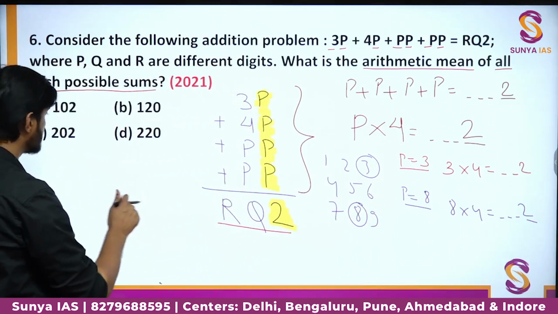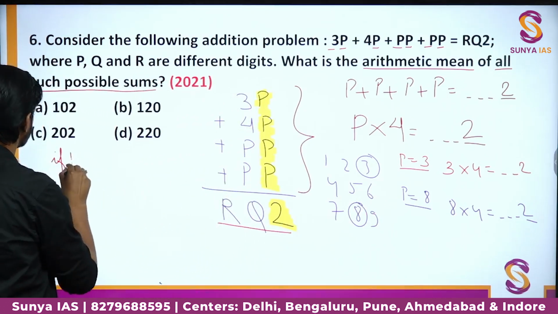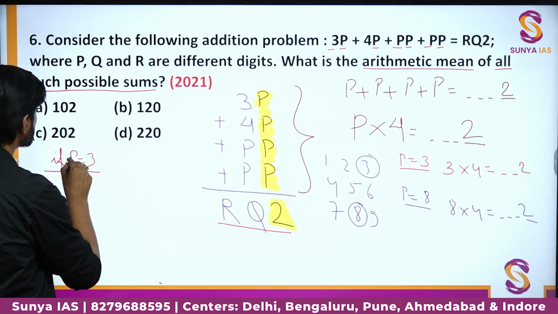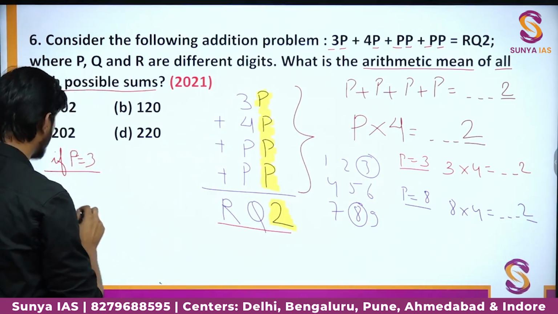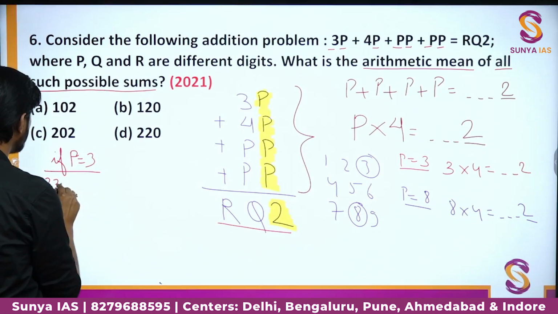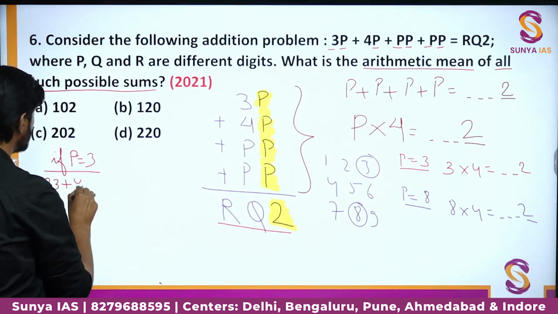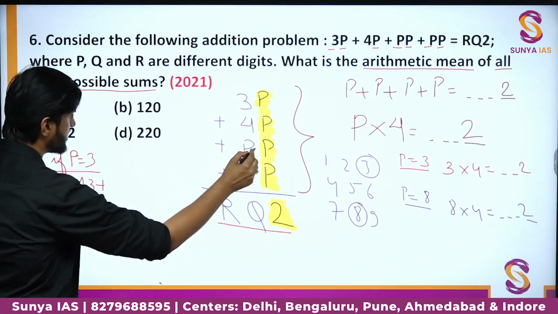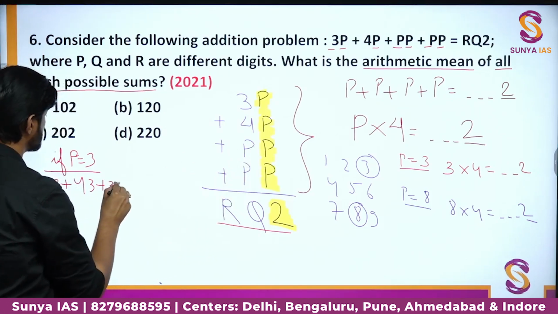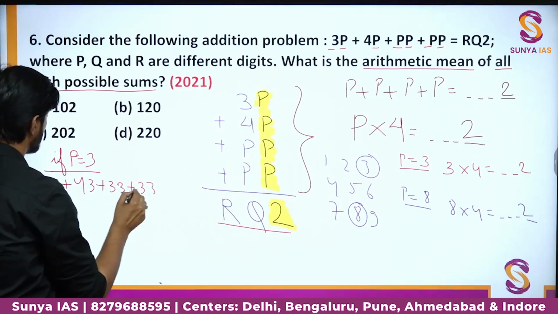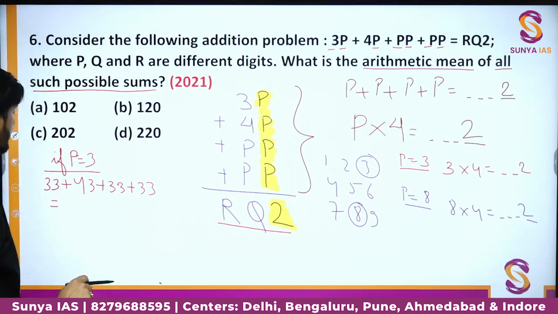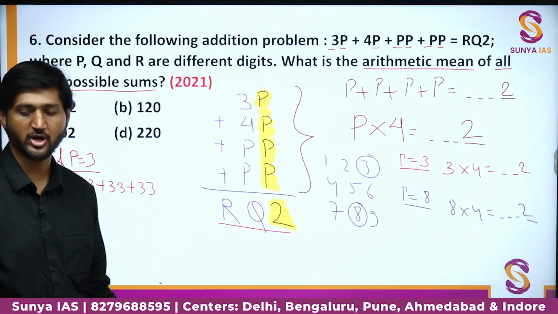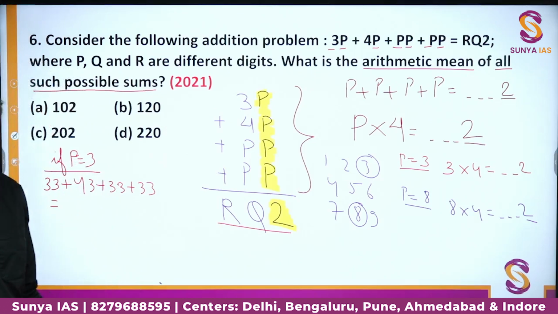Now if we take P as 3, how much does the sum become? We have 3P which is 33, 4P which is 43, then 33 and 33. We just have to add all these values and check what the sum is.